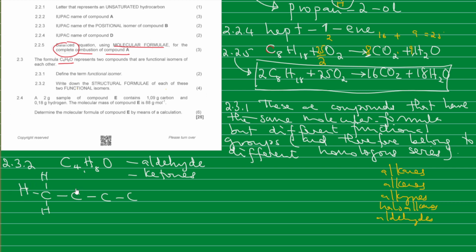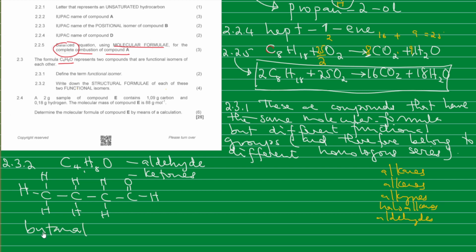This one will also have H, this one will have H, this one will have an H. The last one we have is a carbonyl bonded to a hydrogen. If you count 1, 2, 3, 4, you've got 4 C's. You count the H, there will be 8, and there's 1 oxygen. So it's an aldehyde, and we call this one butanal.